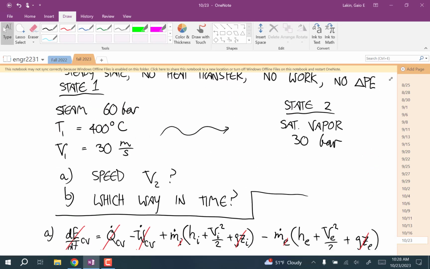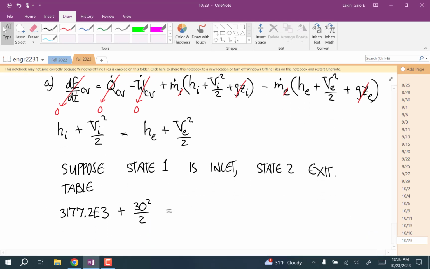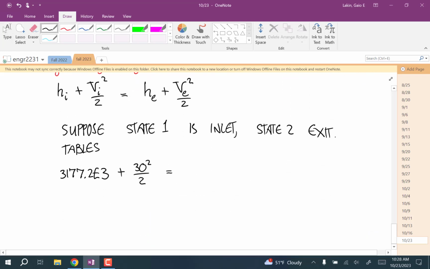Yeah, it's a saturated vapor. We have the pressure. And so we can look this up, and it's 2804.2 times 10 to the third plus the exit speed squared over 2.